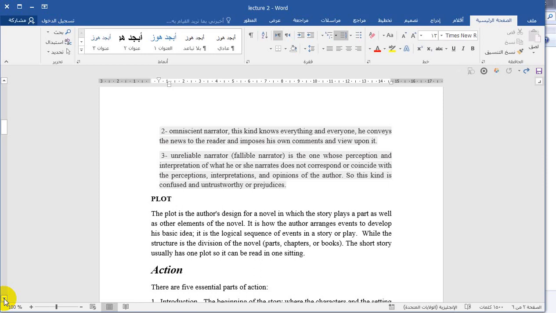How can such a person convey information as it is or interpret the events correctly? So such a narrator affects the reader negatively. I mean, he makes us as readers explain the events in a wrong way, not in a correct way.